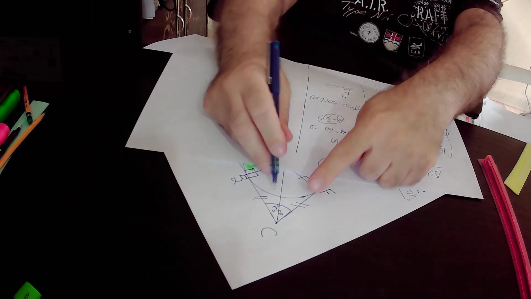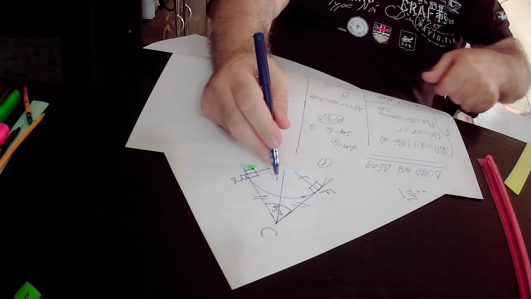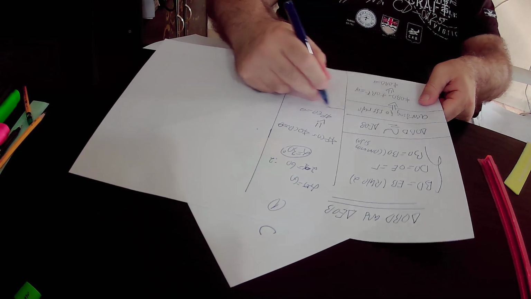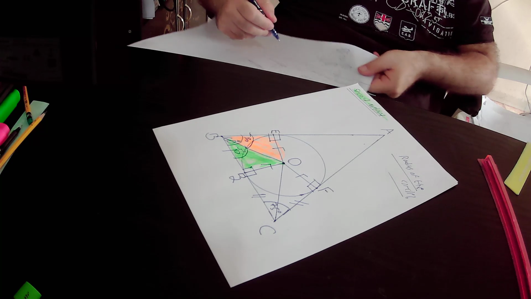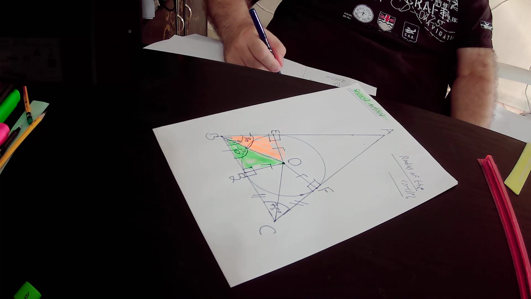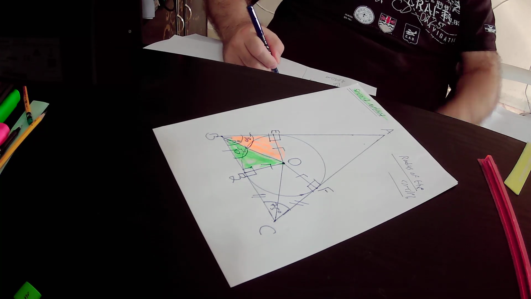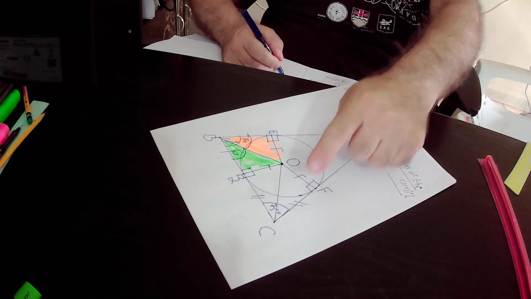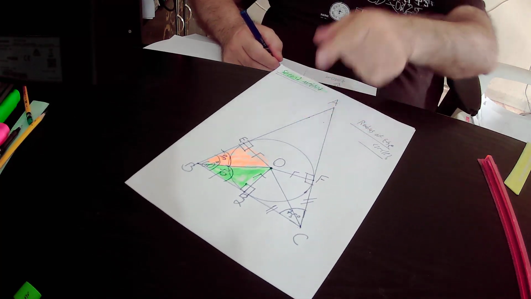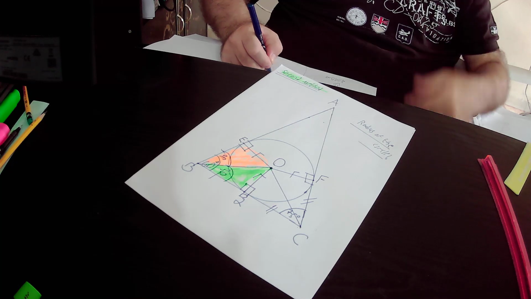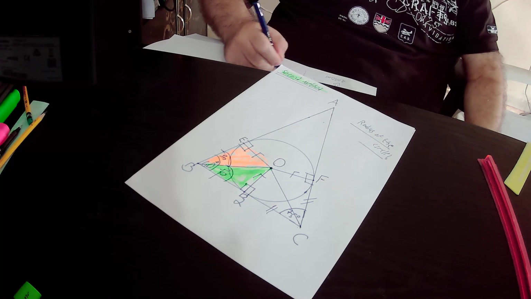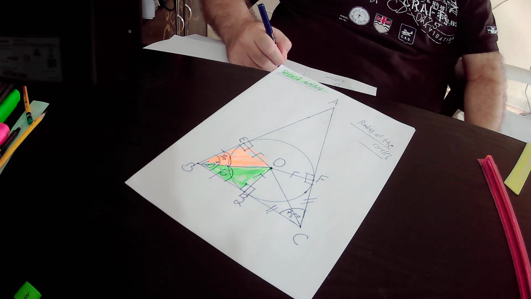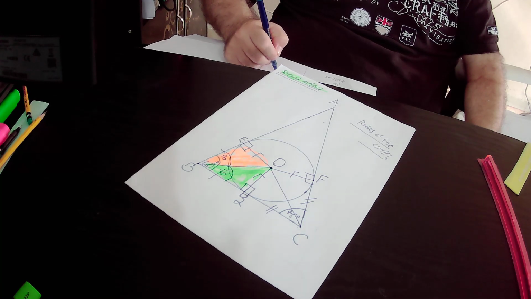So those two angles are both equal to theta, and it is given in the question that the sum of those two angles, that is to say theta plus theta, is equal to 75 degrees. Theta plus theta is 2 theta, 2 theta equals 75 degrees.